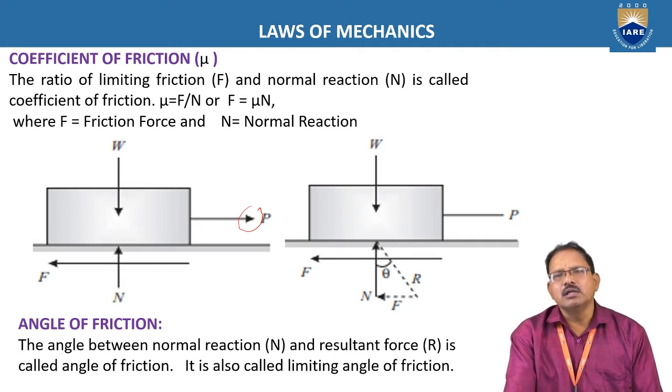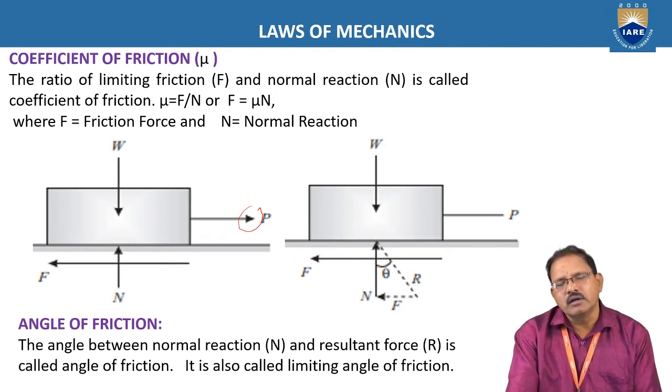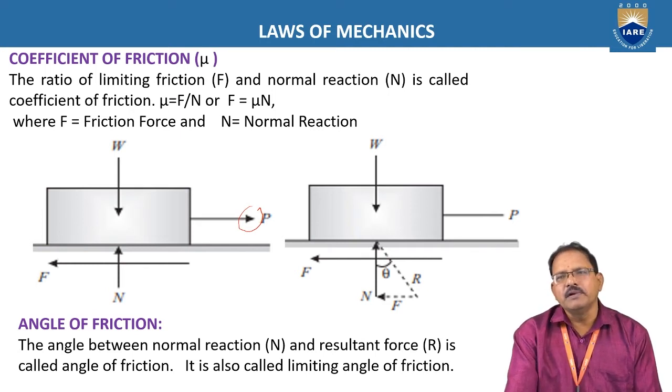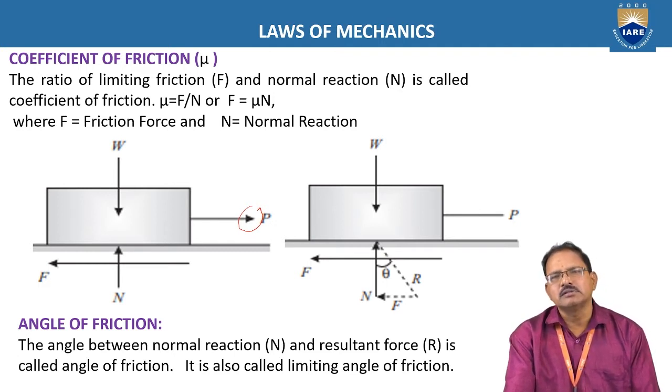Initially, when the applied force is lower, the body will not move in the direction of the applied force. As the force P increases, at a certain stage, it tends to slide in the direction of the applied force. At that instant, the frictional force which exists between the body and the contact surface is called limiting friction. That is the maximum frictional force that exists.